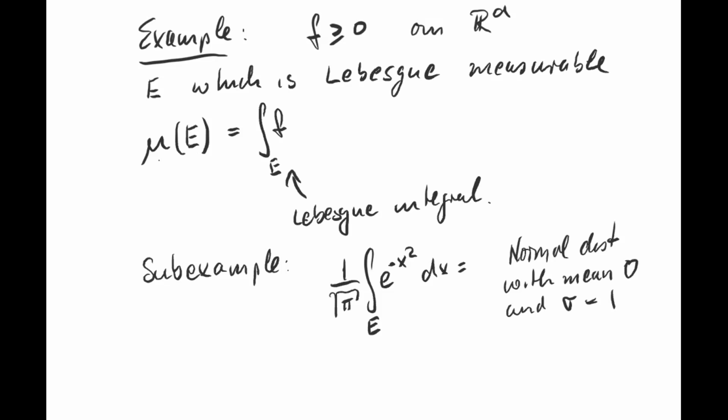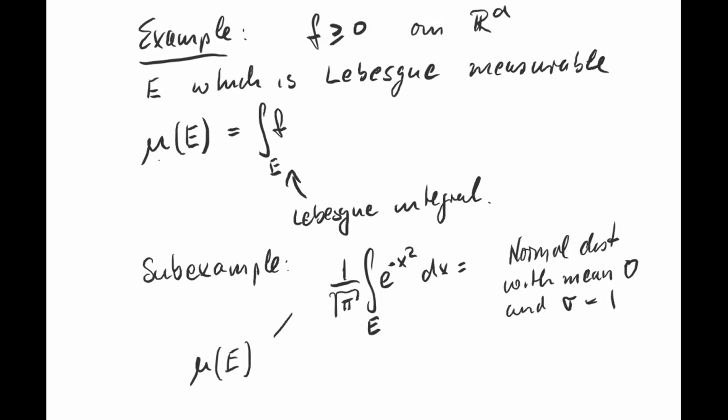Then, and here it's getting difficult for those of you of the statistician persuasion. In measure theory, mu of E is the measure. In statistics, mu is the mean.